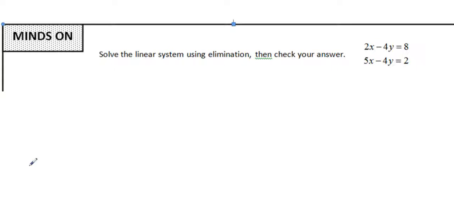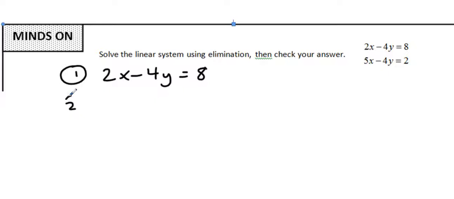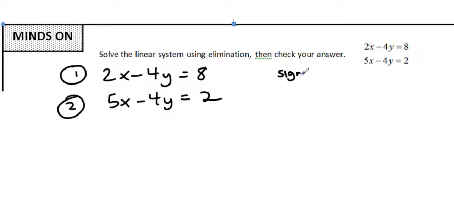So this one asked you specifically to use elimination. So we've got the first one, which is 2x minus 4y equals 8. And we've got 5x minus 4y equals 2. And you might recall that if the signs were the same, then you subtract.